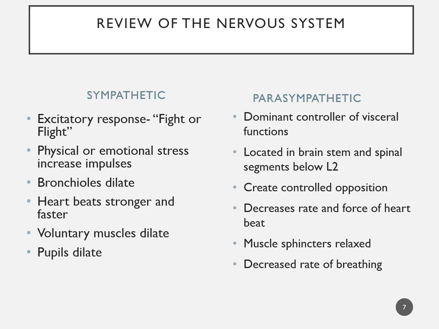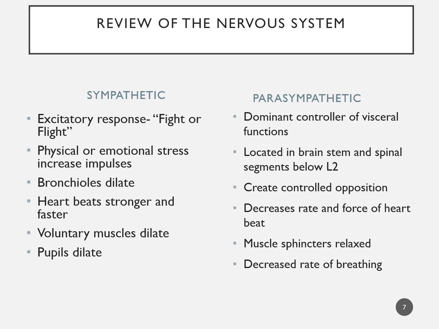Again with the review, thinking about our nervous system, the sympathetic and parasympathetic. Think about what each of those does. Our sympathetic nervous system is that fight or flight. It gets us ready for something intense. We can have physical, emotional stress, and that can help increase our impulses. We'll dilate our bronchioles. If we have to run, we're able to get more air.